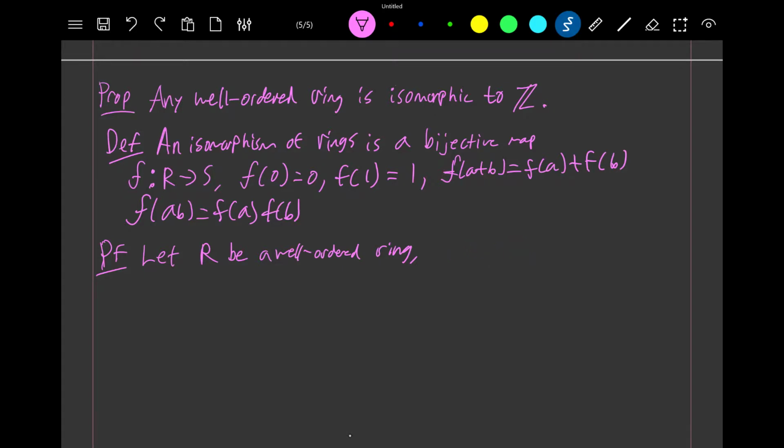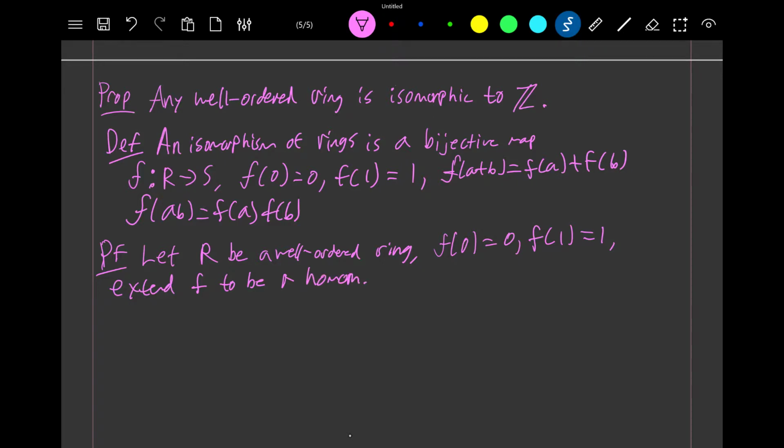So all you do is you send 0 to 0, 1 to 1, and then you just have to extend the homomorphism to the integers in the natural way. If you send f of 0 is 0, f of 1 is 1, and you extend f to be a homomorphism.